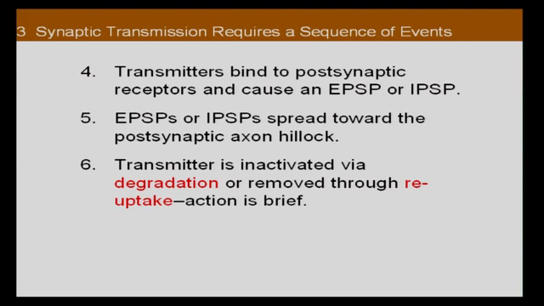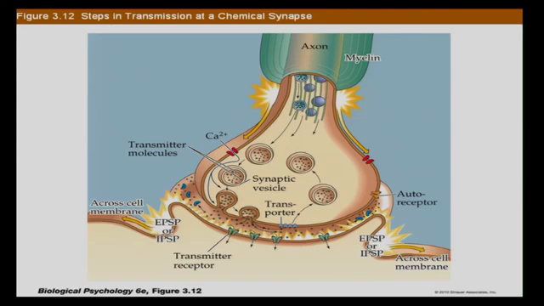Transmitter that has been spit out because of the calcium coming into the presynaptic terminal is inactivated via two mechanisms: inactivation via degradation, or inactivation via removal through a reuptake mechanism, so that the presynaptic terminal can reuptake this transmitter and save it and repackage it into new synaptic vesicles.